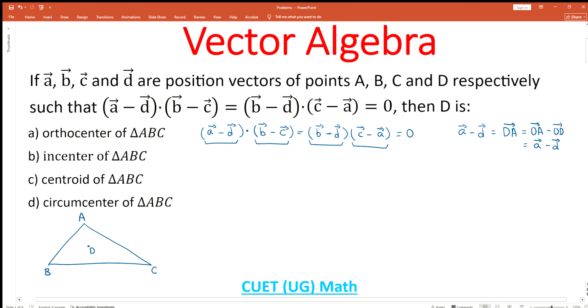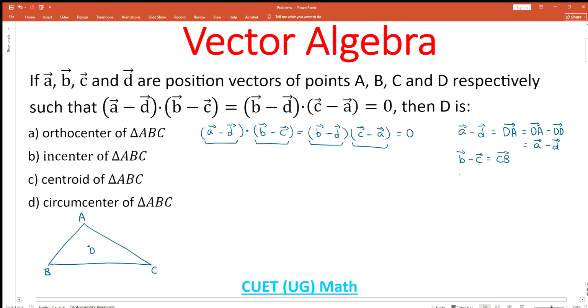We can do the same analysis for other vector subtractions. So vector B minus vector C represents the vector for side CB in the triangle. So we get vector CB.